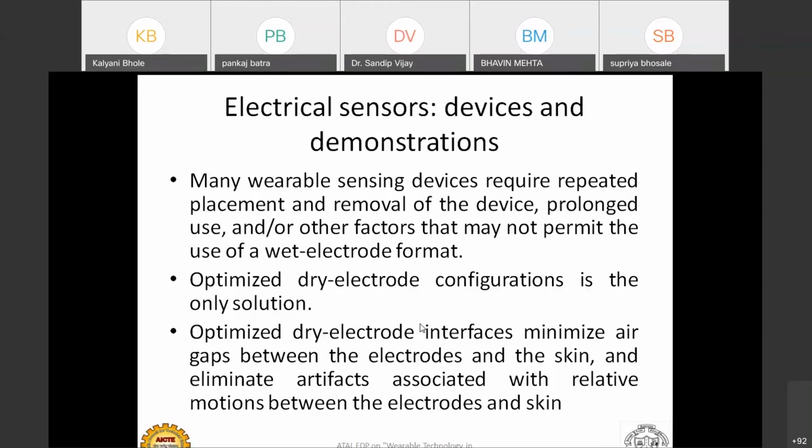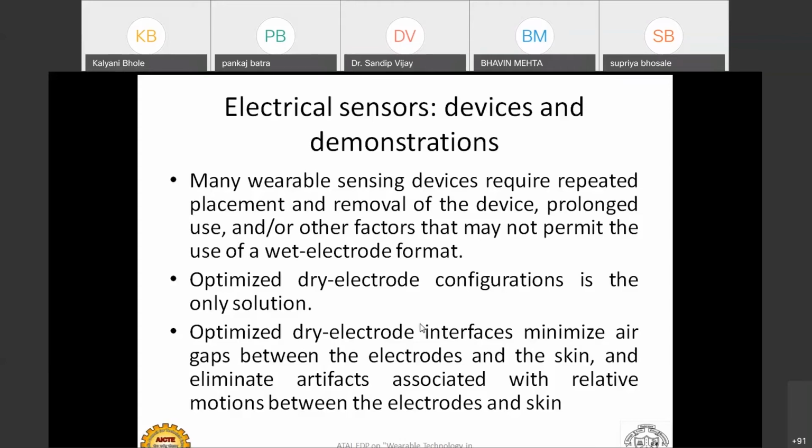An optimized dry electrode interface minimizes the air gap between the electrode and the skin, and it eliminates artifacts. Artifacts are nothing but noise, the unwanted signal which comes because of issues like movement or other things.